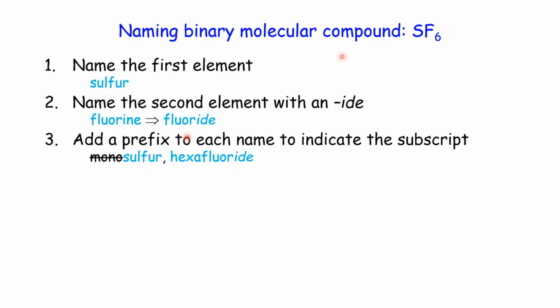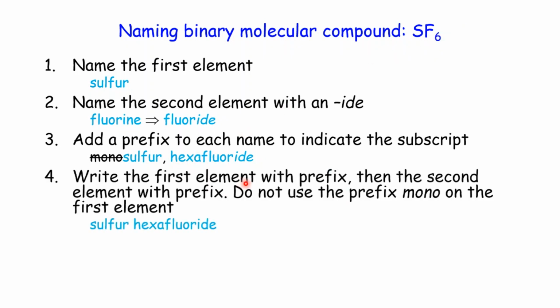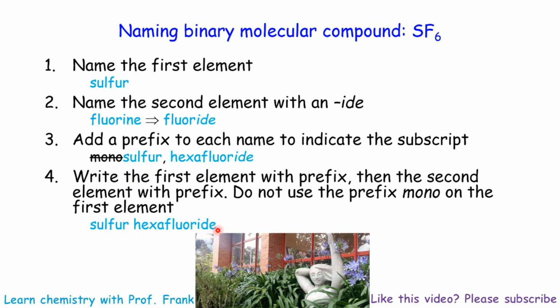Sulfur, there's only one, but we don't use mono because it's the first element. Then for fluoride, there are 6, so we call that hexafluoride. So the full name for this formula should be sulfur hexafluoride.